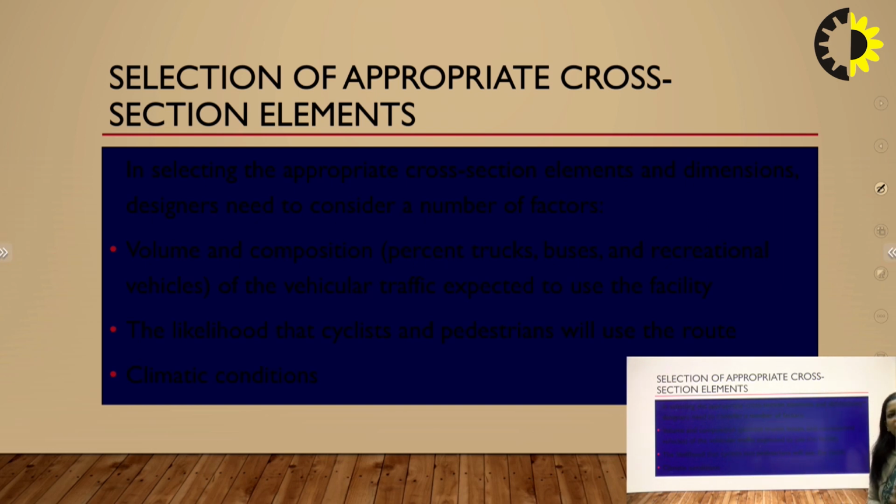Now, the selection of appropriate cross-sectional elements. Obviously, the selection depends upon various factors, like climatic condition, the number of cyclists, pedestrians or drivers in this particular region. The number of drivers may be a huge factor in designing these cross-sectional elements, and obviously traffic volume and composition of the vehicular traffic must be taken into account.